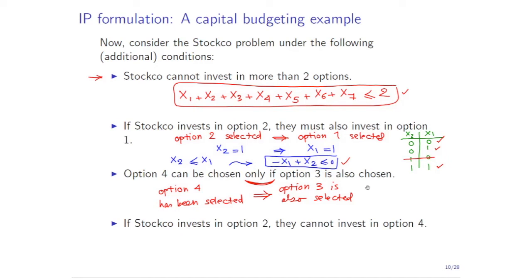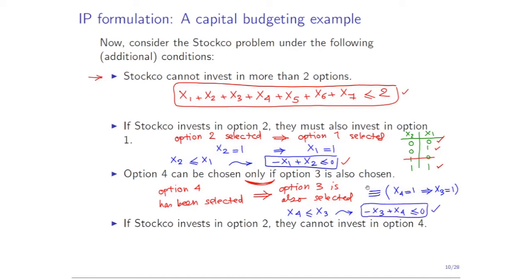Again, this is equal to saying if I observe that x4 is 1, it implies x3 is 1 too. It is very similar to the second condition, so I can write it as x4 less than or equal to x3, or minus x3 plus x4 less than or equal to 0.